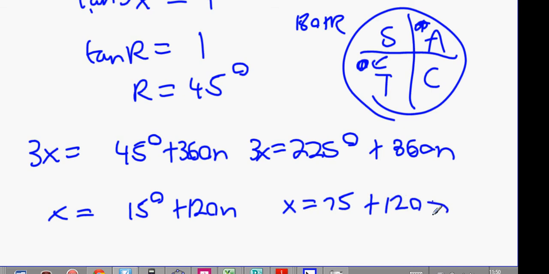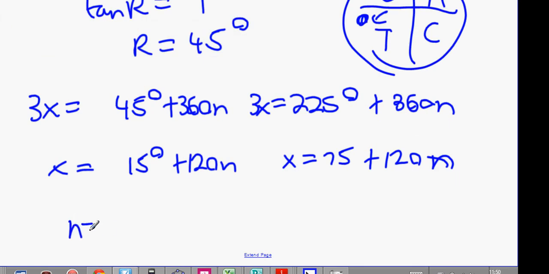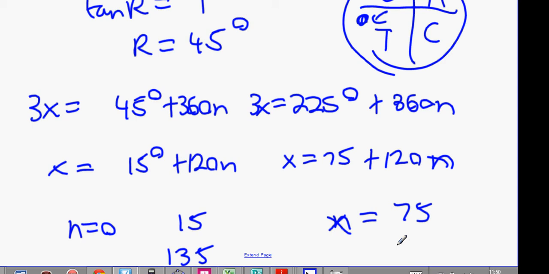How do you do the second part then, guys? Keep inserting n values until you go over 360. Wait 1 second. N equals 0, it's 15 and 75. When n equals 1, it's 135 and 195. Keep going, okay?